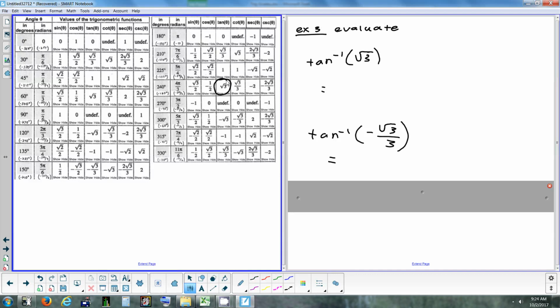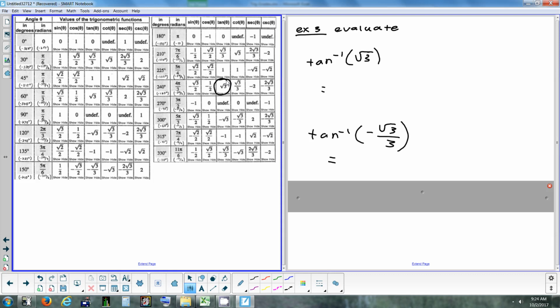Do you remember what we have to be between for inverse tangent? Negative 90 and 90. Is 240 between those? No. How about negative 120? No.